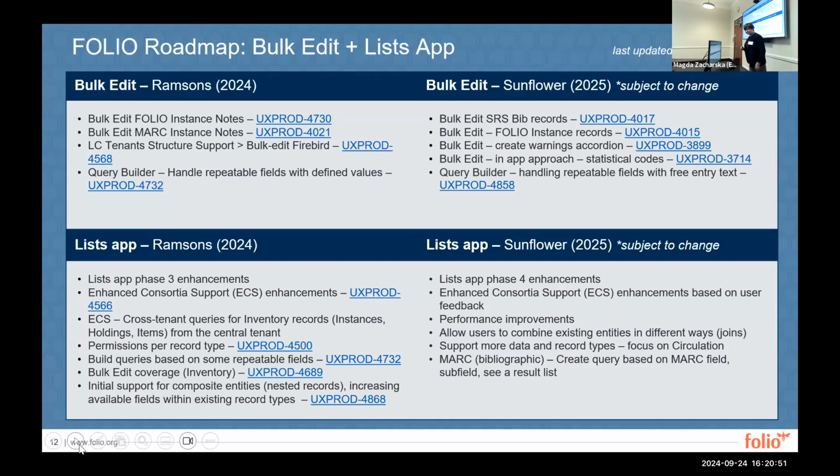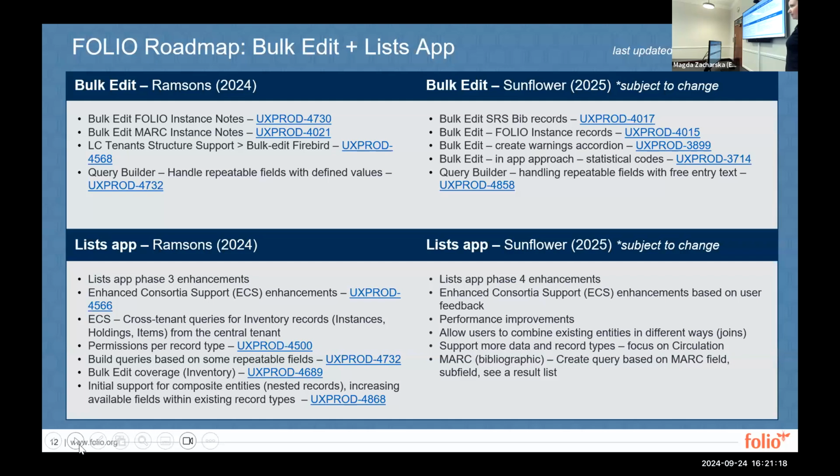Yep, I'll give you a real quick overview of what we've added for the list app in Ramsons. So the list app in particular, we've added quite a bit in Ramsons. One of the main things is we've added some support for ECS, or the Enhanced Consortium report. And so you're able to do cross-tenant queries specifically for instances, holdings, or item records.